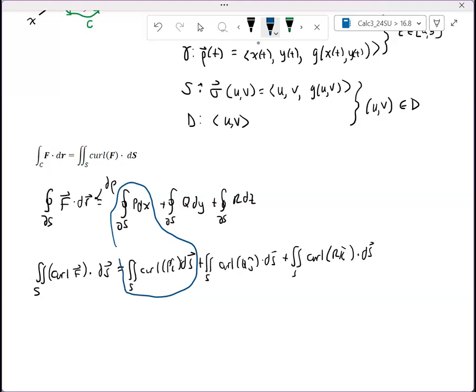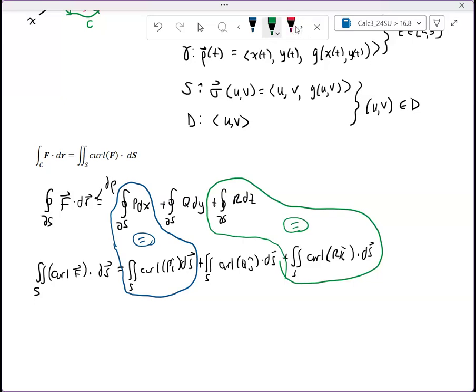So in other words, if I can show that these two are equal to one another, and these two are equal to one another, and these two are equal to one another, if I can show these three things independently, I'll have shown the whole right sides are equal to one another. And then, of course, I'll have shown Stokes' theorem. So I'm going to call this bit A, this bit B, and this bit C.